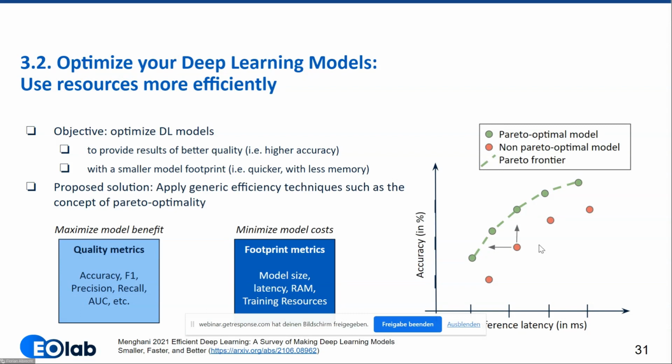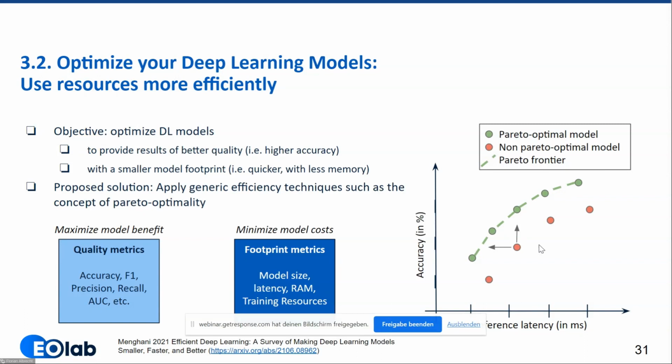So the objective would be that you optimize your deep learning models and focus on providing better quality of the results, for example, higher accuracy, and using a smaller model footprint. And thereby you would be quicker or use less memory. Of course, these are two conflicting objectives, because the longer your model runs, the better the accuracy will be.